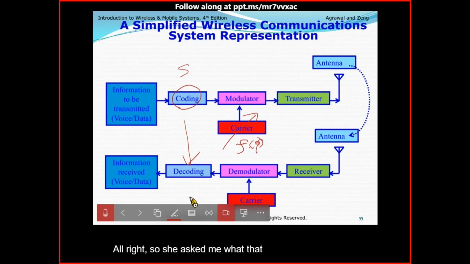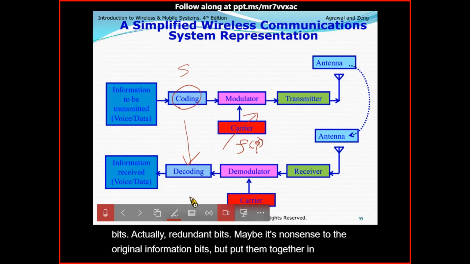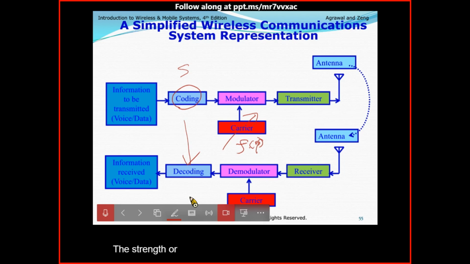Alright, she asked me what redundant bits means. Actually, redundant bits may be nonsense to the original information bits. But put together, it makes sense to protect the original bits, because we have some way to add strength or robustness to the information bits, so that they can be properly recovered.